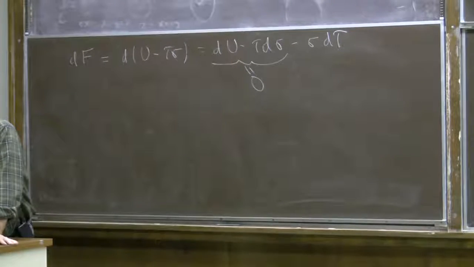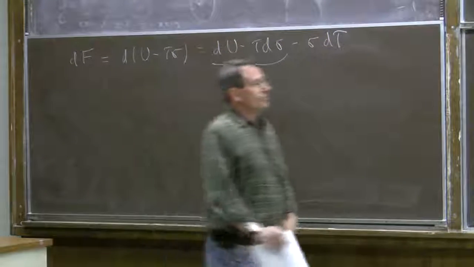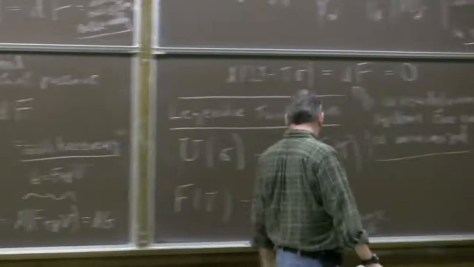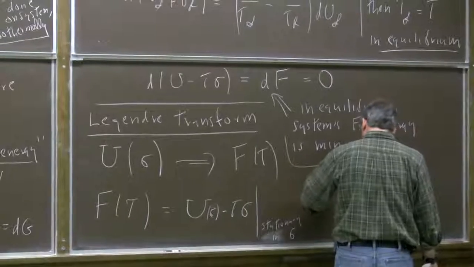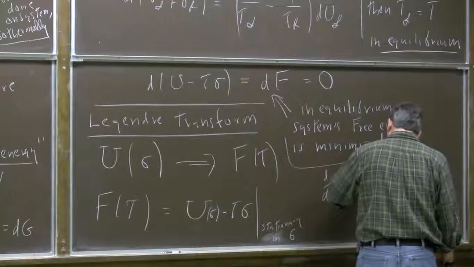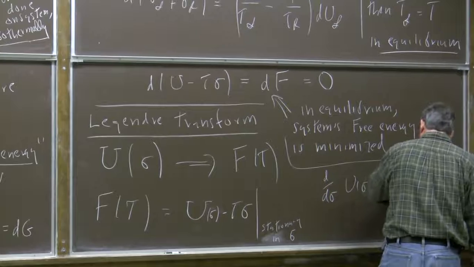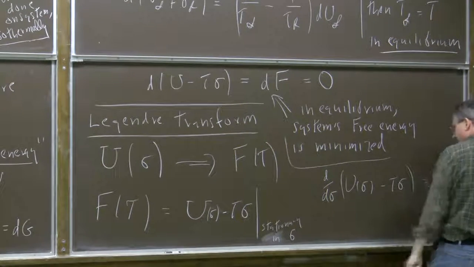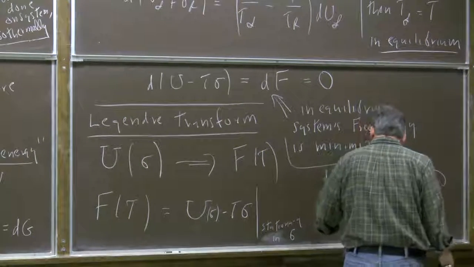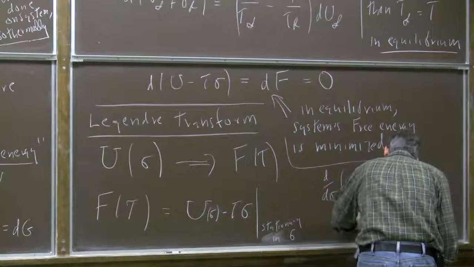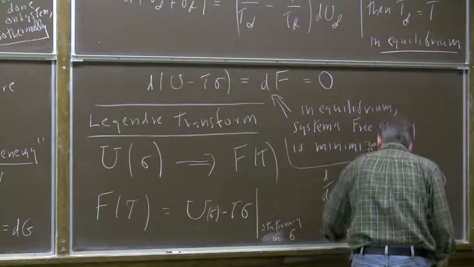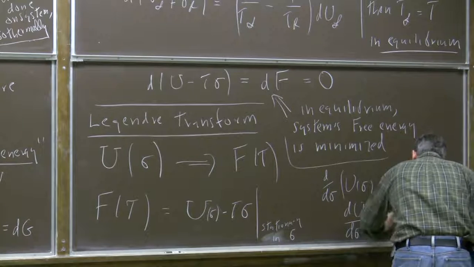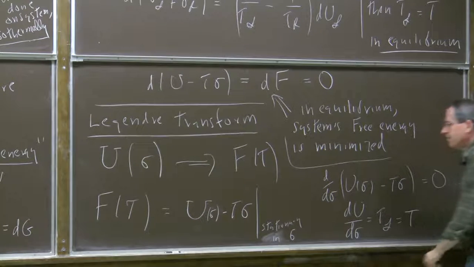Can you be more specific on what you mean by stationary? Yeah. Stationary means the derivative with respect to sigma of U of sigma minus tau sigma equals 0, which of course just means that dU d sigma, which is the temperature of the system, is equal to tau.